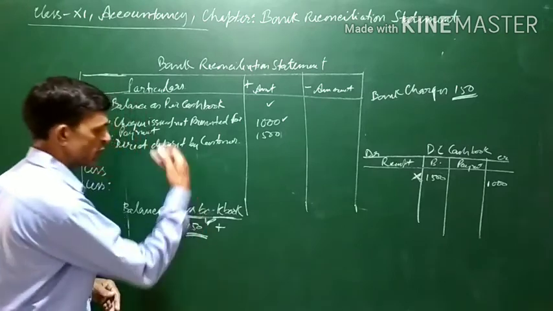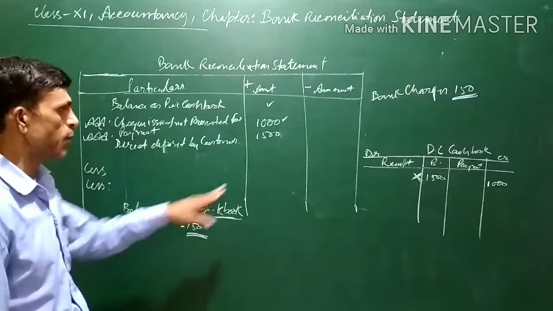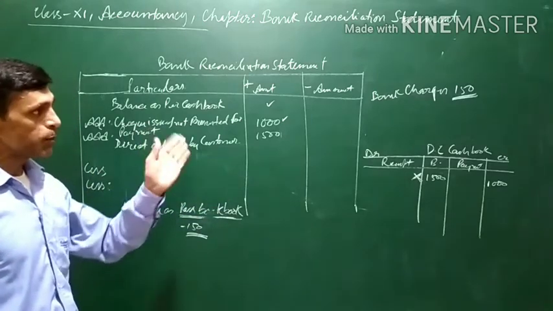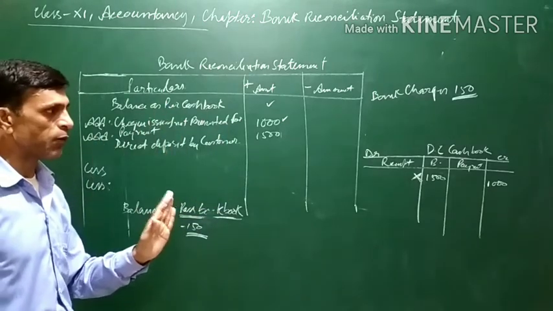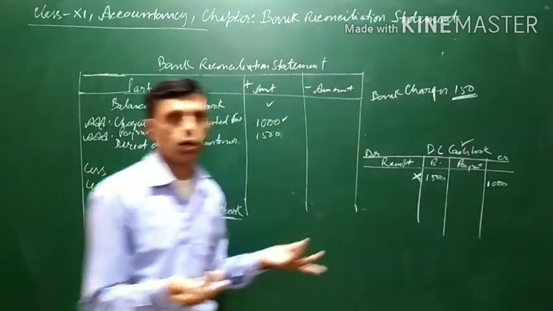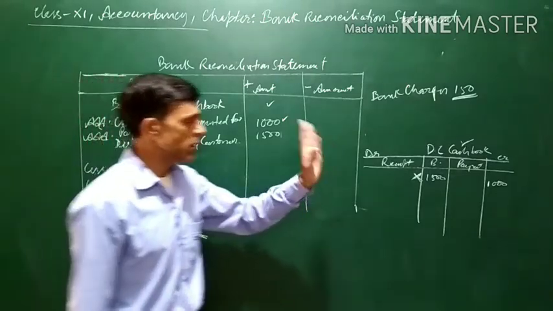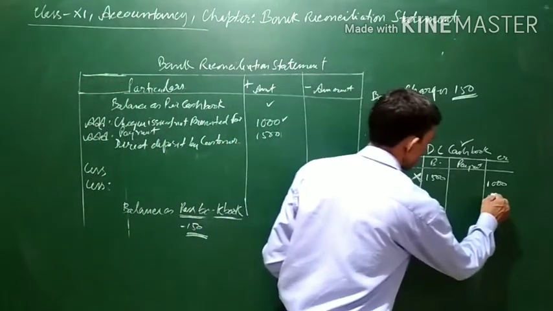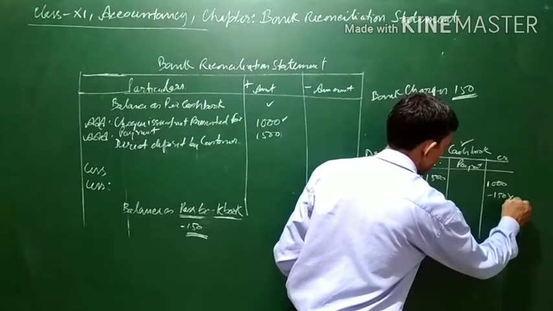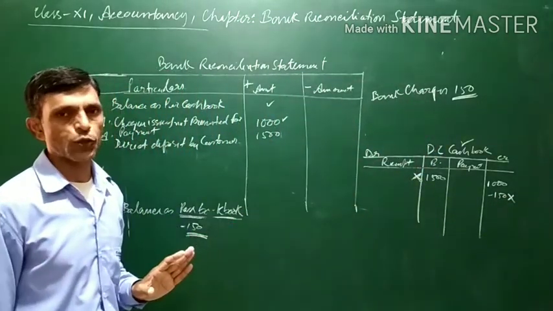But it will not be showing in our cash book because we do not know that the bank has deducted 150 from our account. So in the payments side of the cash book there will be no deduction showing.